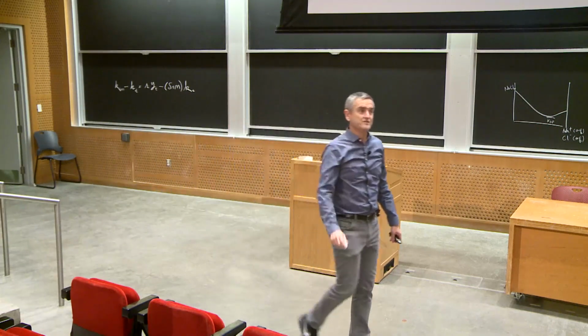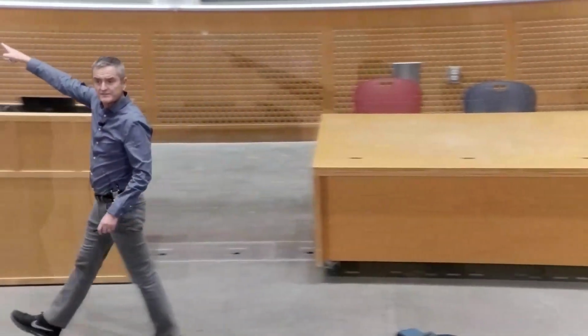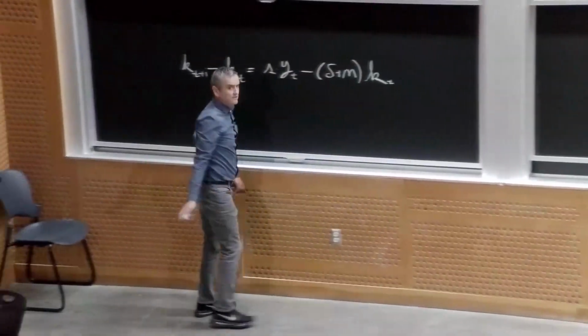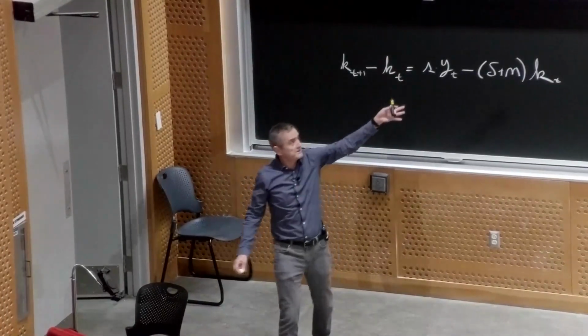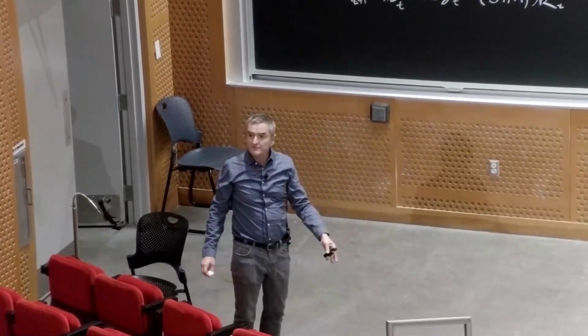Actually, this is a useful exercise for you. You remember that I had a delta plus n plus GA there, no? What's wrong? I just told you that this economy, at least in balanced growth, is exactly the same. So did I make a mistake?